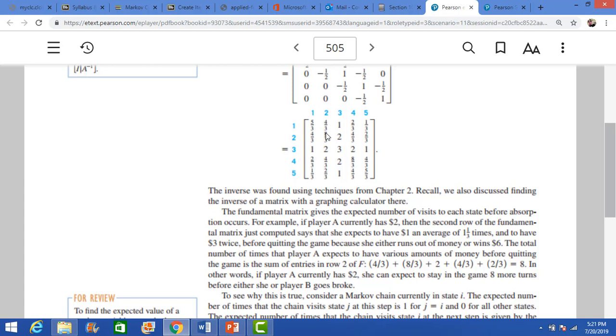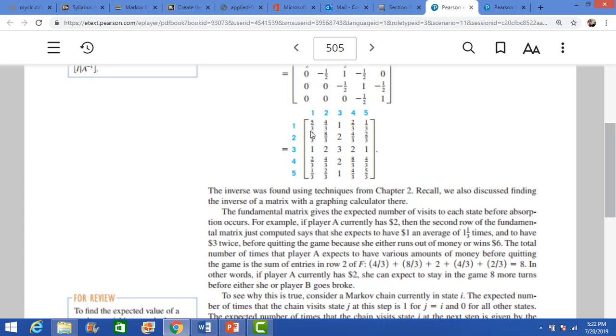She'll be at $2, 2 2/3 times, and so on and so forth. Now the total number of times that player A expects to have various amounts of money before quitting the game is the sum of the entries in the second row.